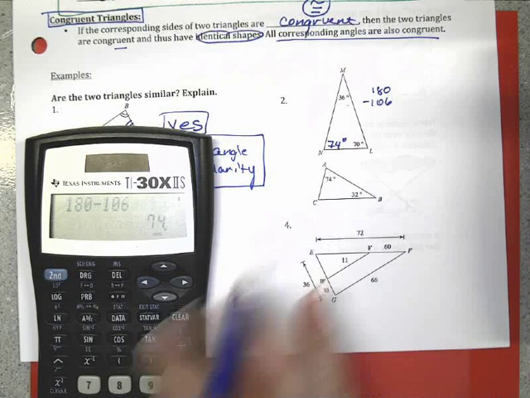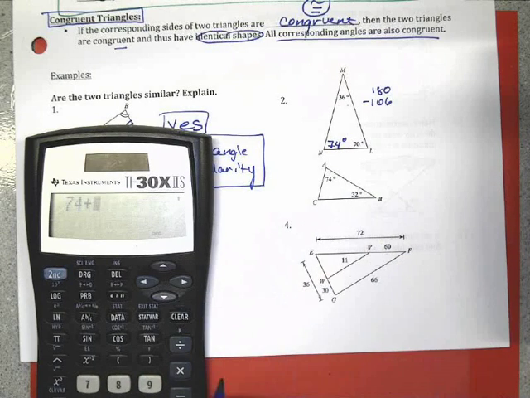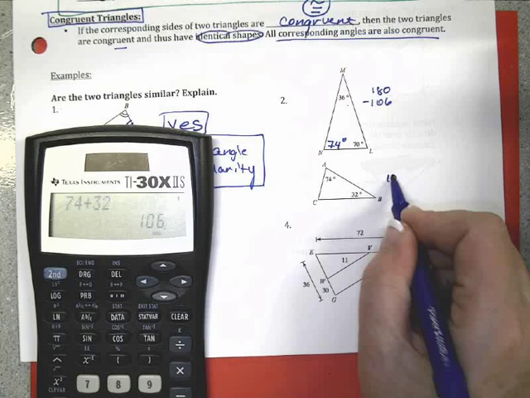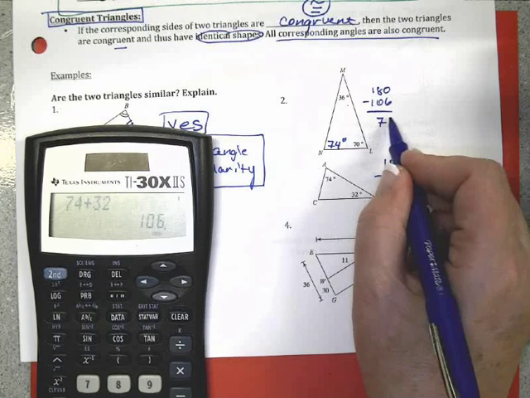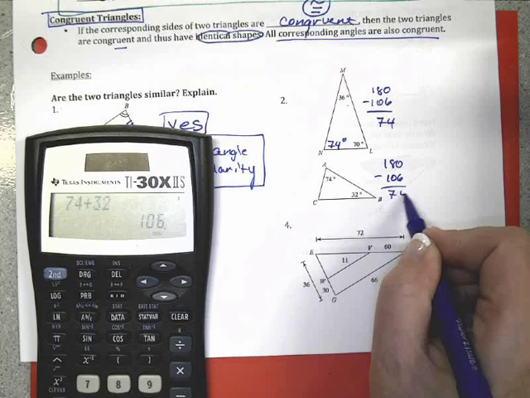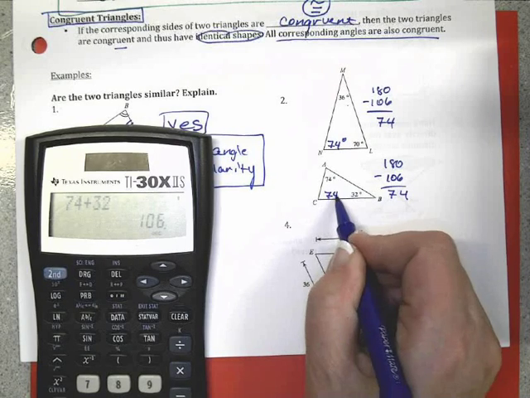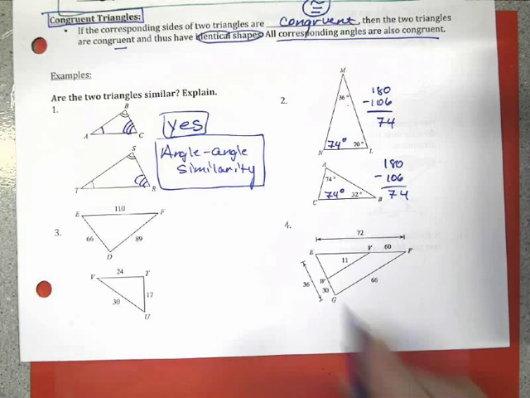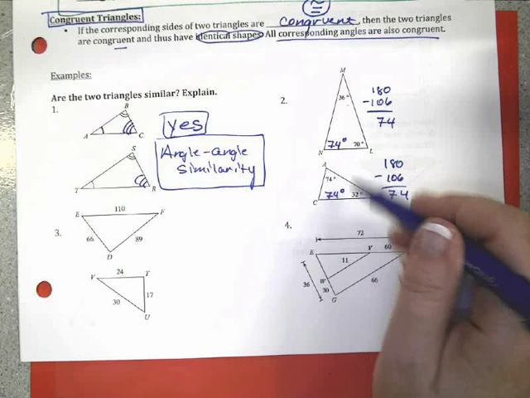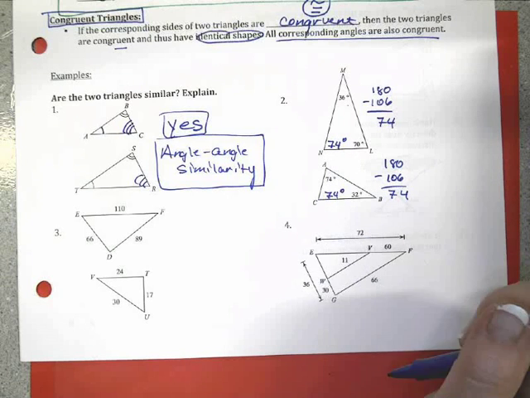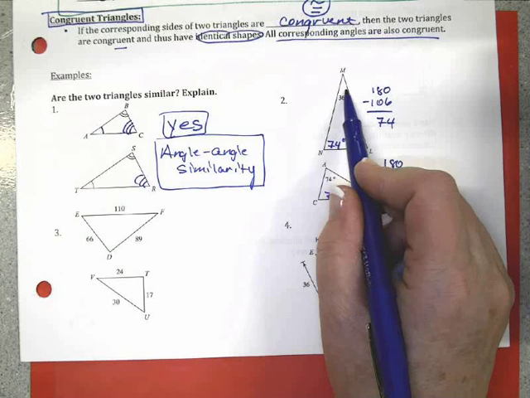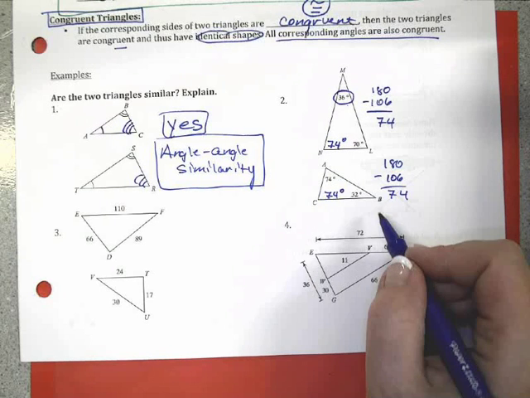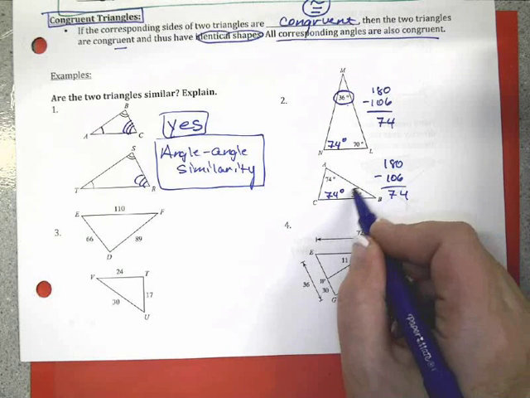and let's find this missing angle measurement, angle C. So add 74 to 32 and subtract that from 180. So angle C is 74 degrees. Now, in order for these two triangles to be similar, their corresponding angles must be the same measurement. Well, I have angle M is 36 and angle B is 32.